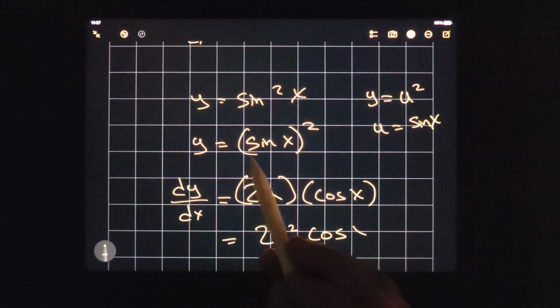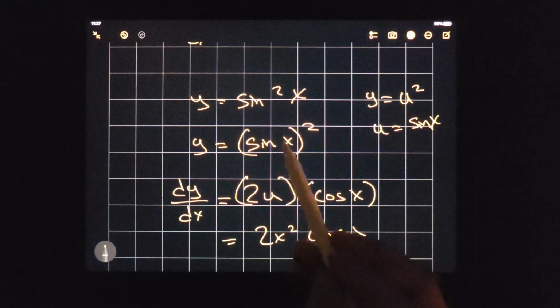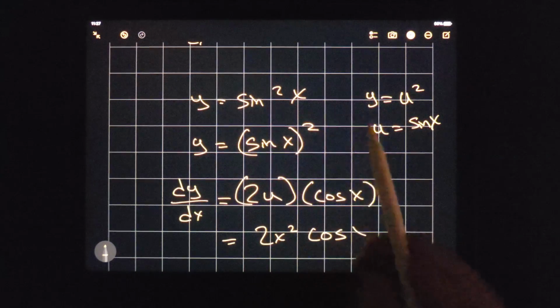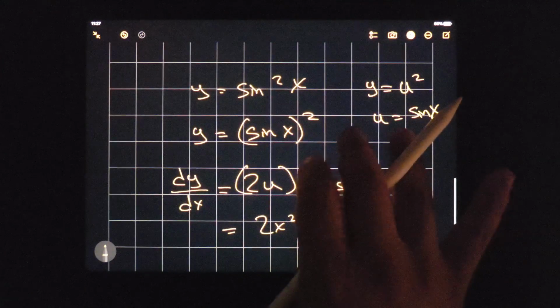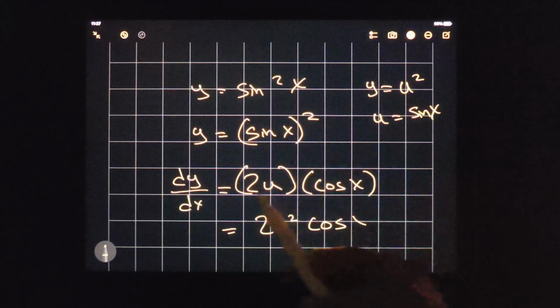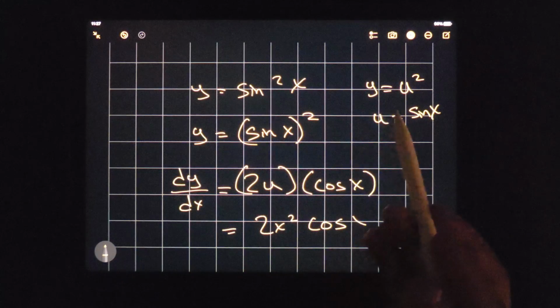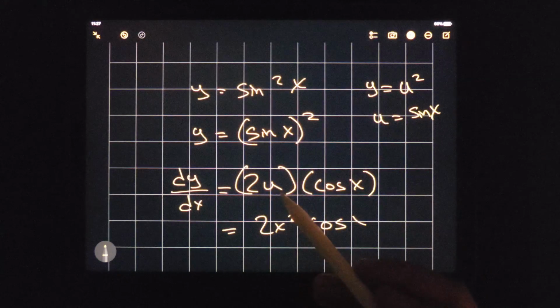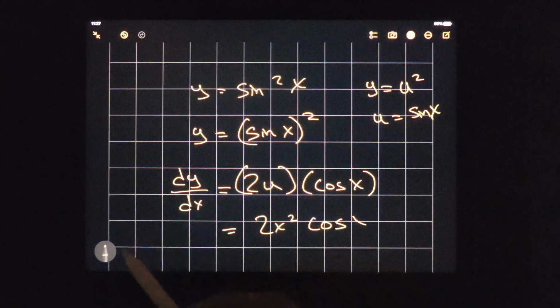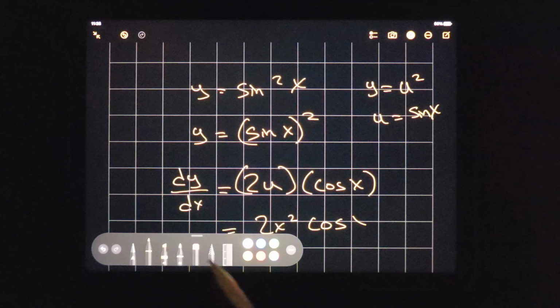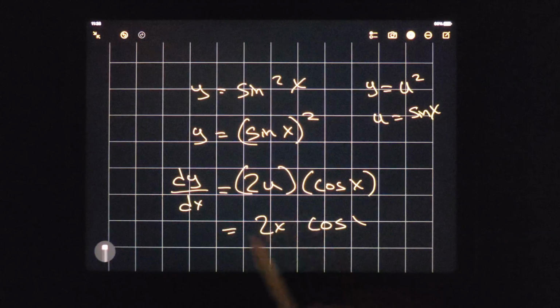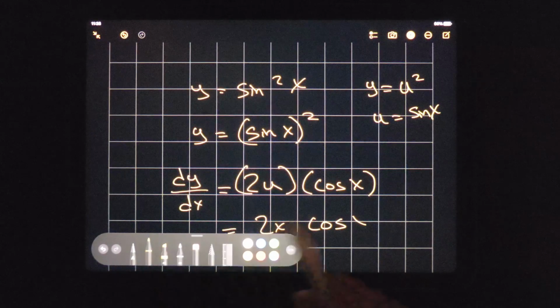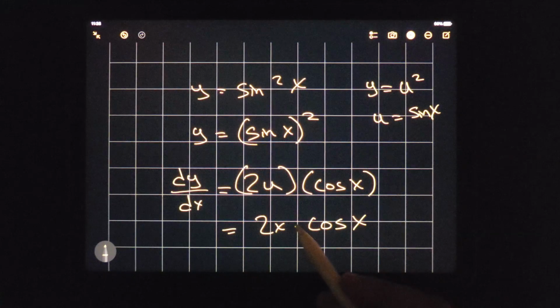See, we're going to say u is the sine x, and y is equal to u squared. So the derivative of y is going to be 2u, as u squared becomes 2u. And then the derivative of sine x becomes cos x.